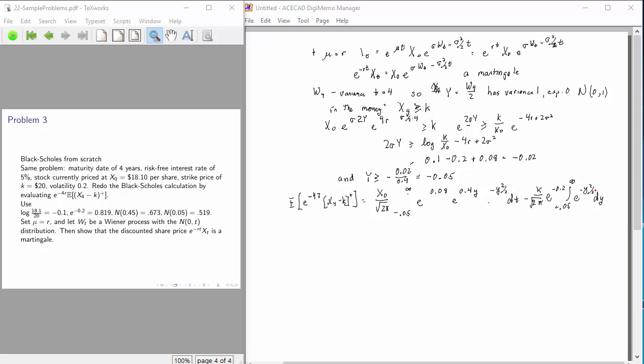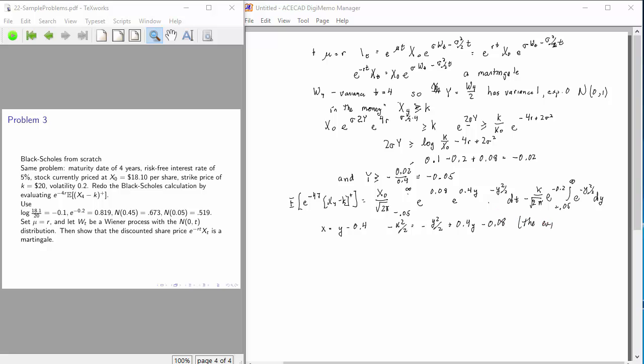What are we going to do with this first term? Well, you know, because you've seen the general proof, that that exponent is actually a perfect square, and I'll just introduce a new variable. Set x equal to y minus 0.4. Why did I do that? Because then minus x squared over 2 is minus y squared over 2 plus the cross term 0.4y. You can see these things are already sitting there in our integral.